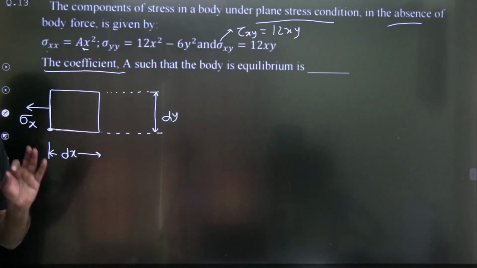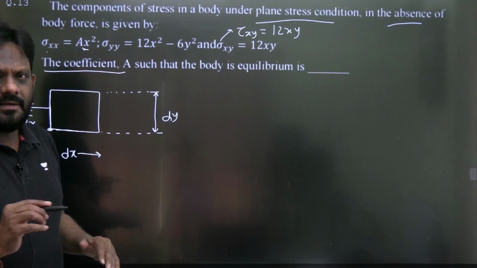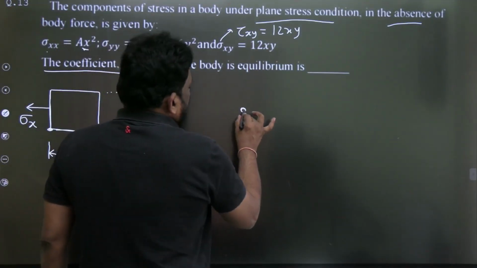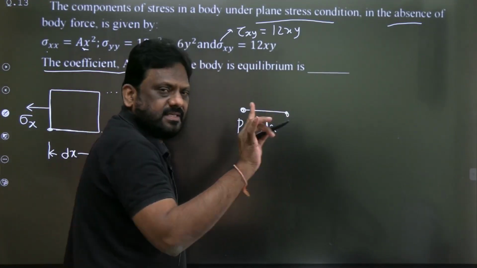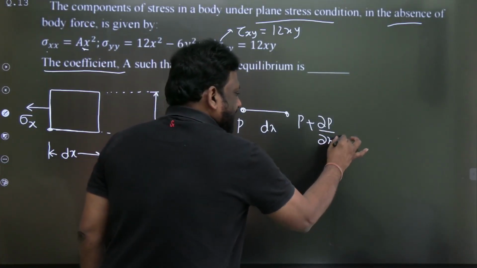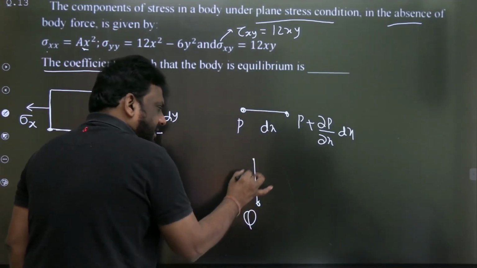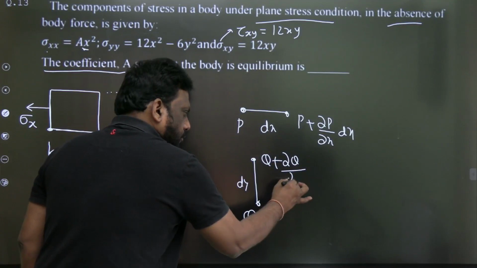So be careful. In mathematics, we have studied Taylor's expansion principle. If there is any property P here, at a distance dx, it will be P plus dou P by dou x dx. Similarly, if there is any property Q here, at a distance dy, it will be Q plus dou Q by dou y dy.